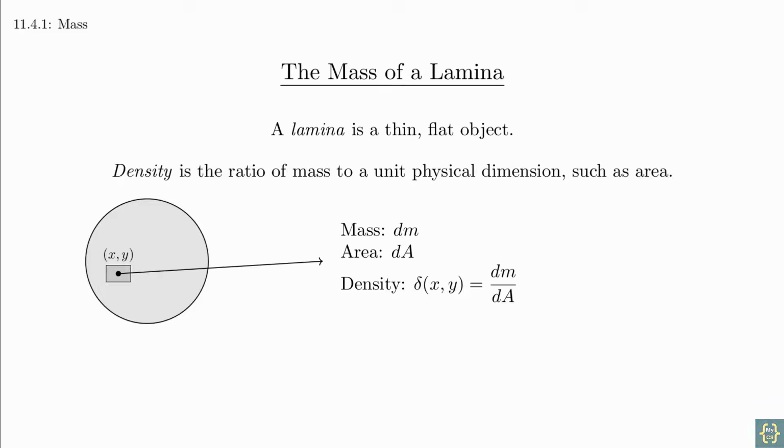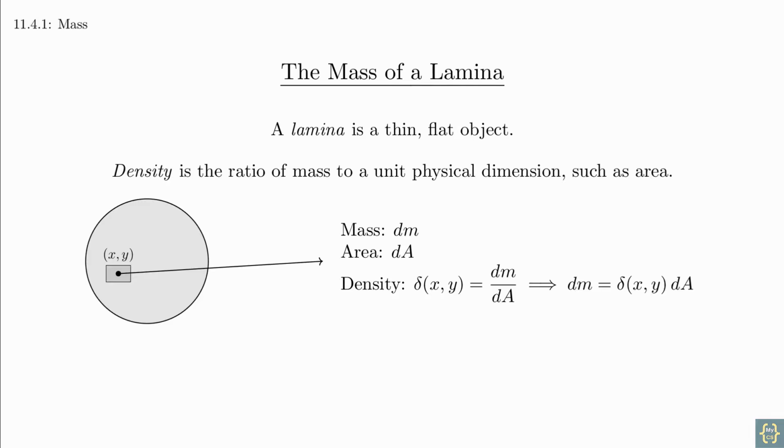And if we do that for the entire lamina, we would get a function that tells us the density of the lamina at every point. We can also clear the fraction to get this useful relationship. The mass of a small piece of lamina is equal to the density multiplied by the area. This formula holds for any type of density if you replace the area element with the appropriate measurement for the given situation.